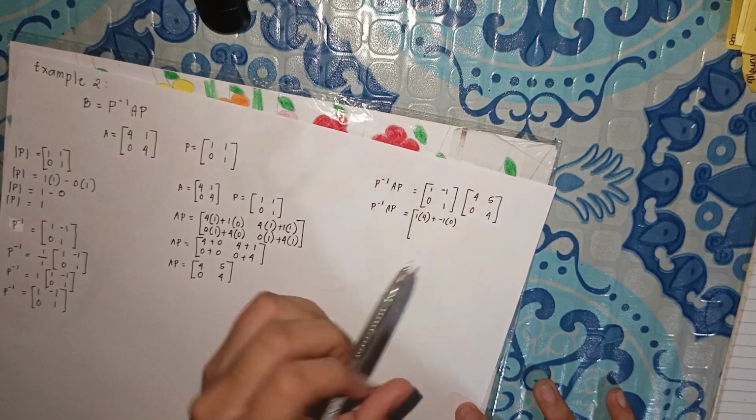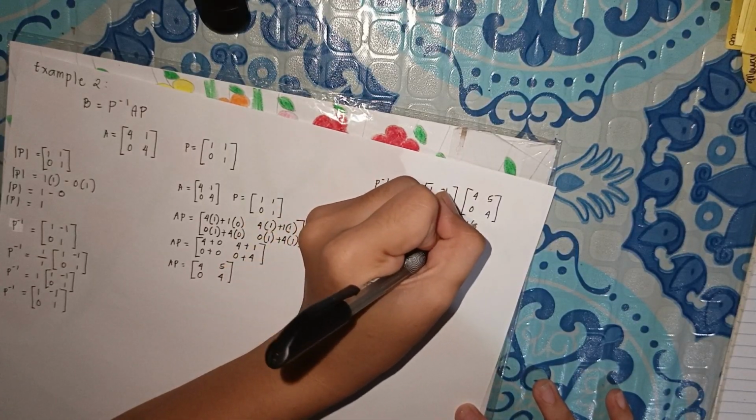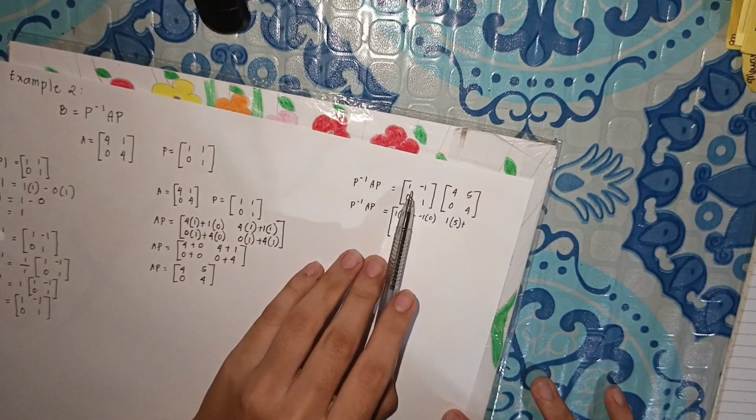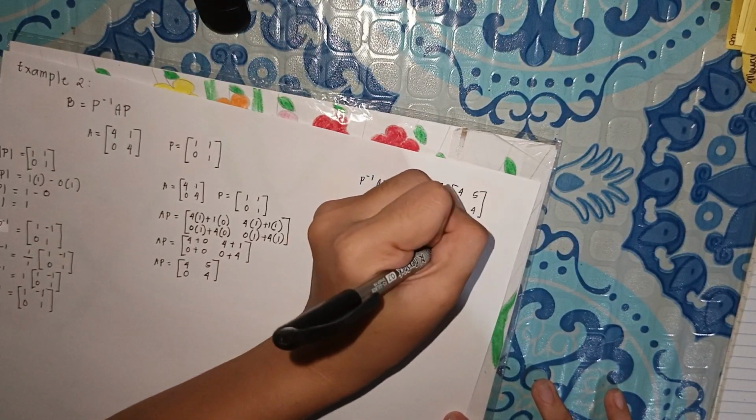Then, 1 times 5 plus negative 1 times 4.